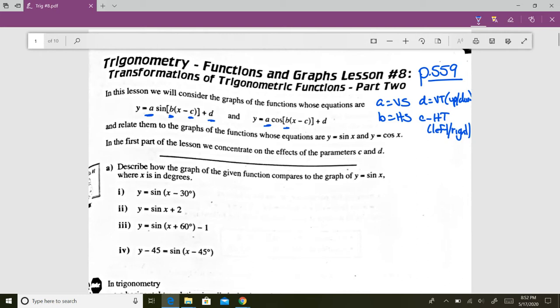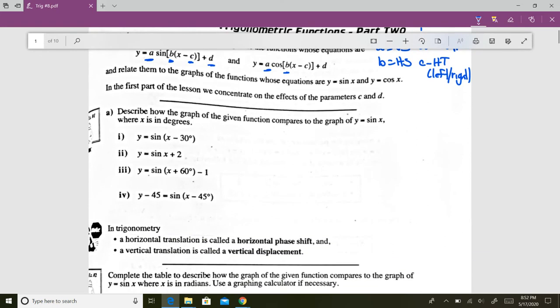Okay. So all you have to do is tell me what we have done in these two graphs. We start with y is equal to sine x. And we rewrite it as y is equal to sine of x minus 30. That means our C value inside the brackets with the x is 30 degrees, which means we went right 30 degrees.